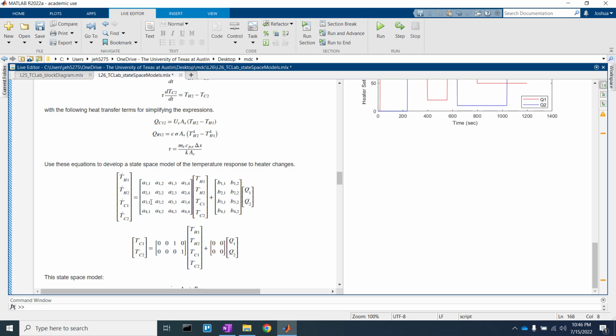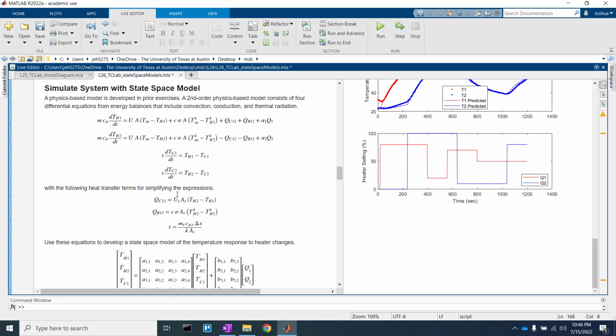So let's think A31 and A33. That's the temperature of the sensor with respect to H1 and with respect to itself. So let's think about this. Temperature of the sensor, derivative of that, with respect to H1 and itself.